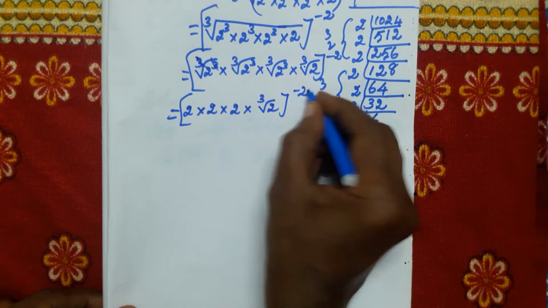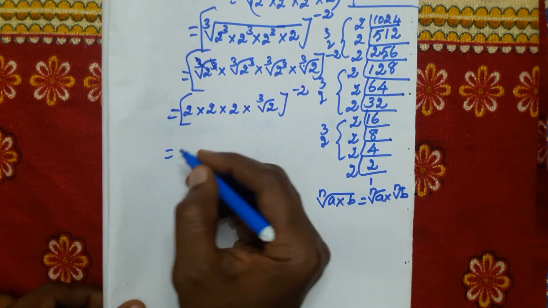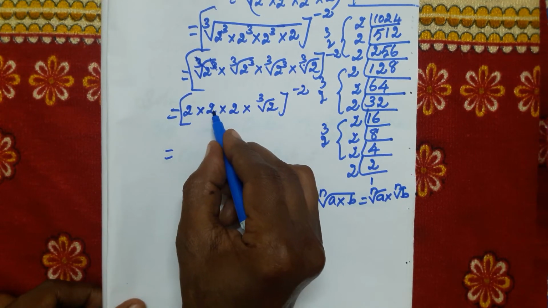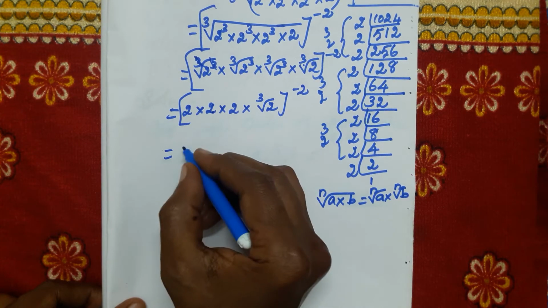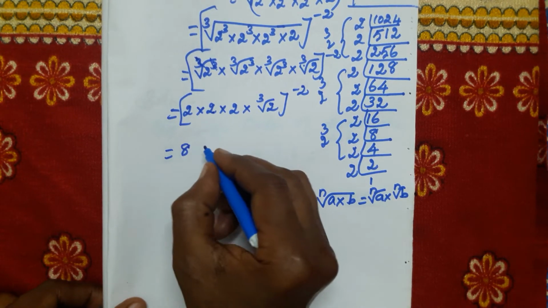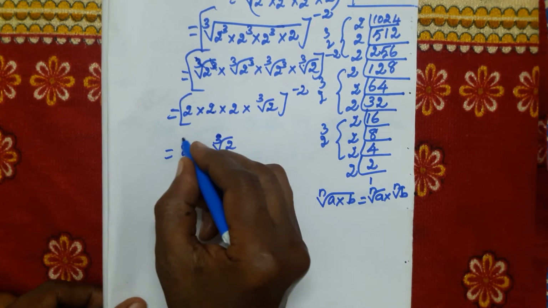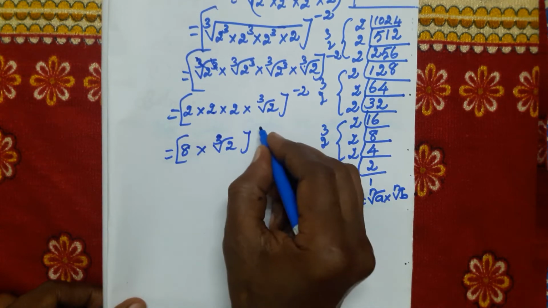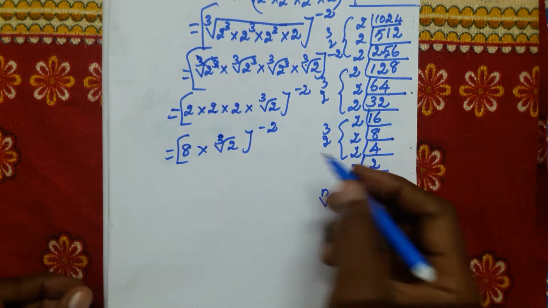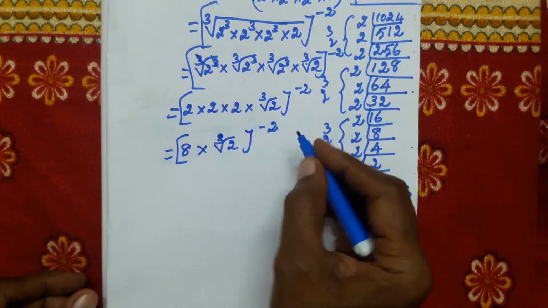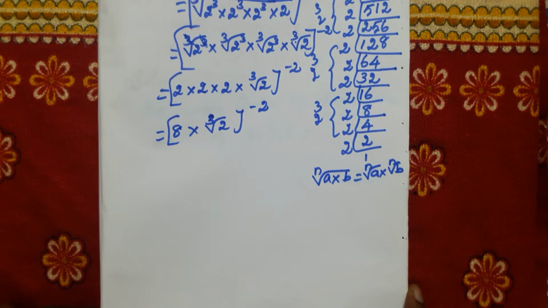Now 2 2s are 4, 4 2s are 8. So we get 8 into cube root of 2 the whole power minus 2.